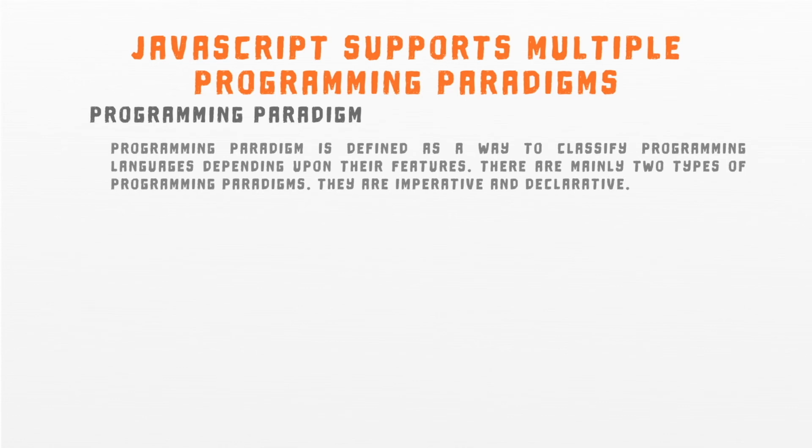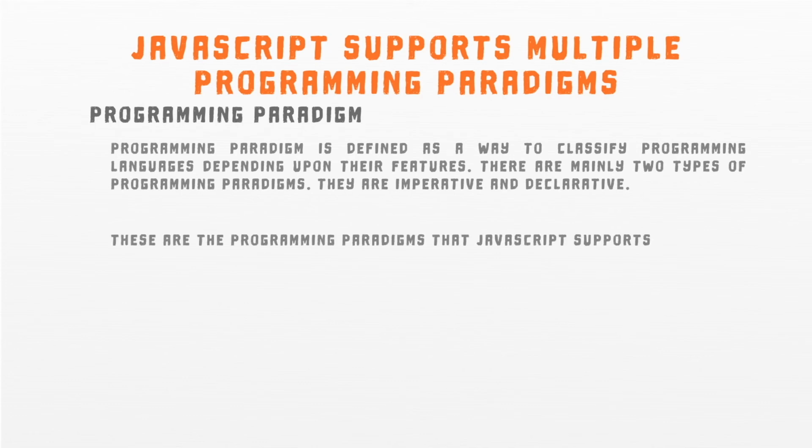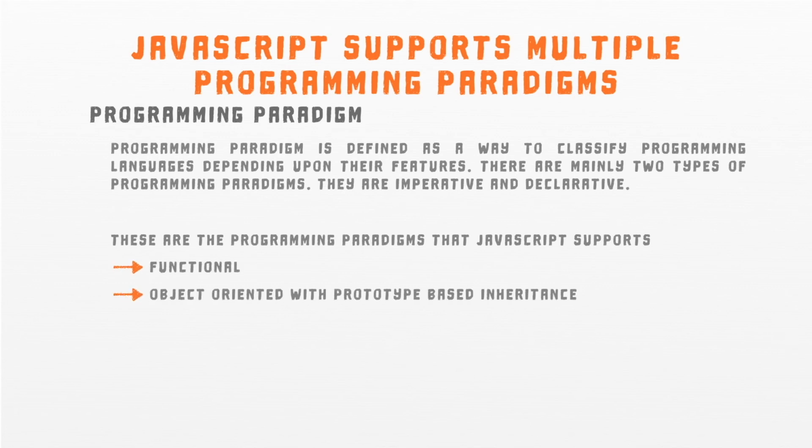And JavaScript is an imperative type of programming language. Okay? And these are the programming paradigms that JavaScript supports. They are functional, object-oriented with prototype-based inheritance, and event-based. And you will see what these actually are in upcoming videos in this tutorial. Okay? So for now, JavaScript supports multiple programming paradigms.